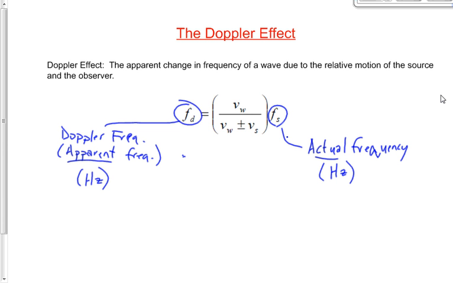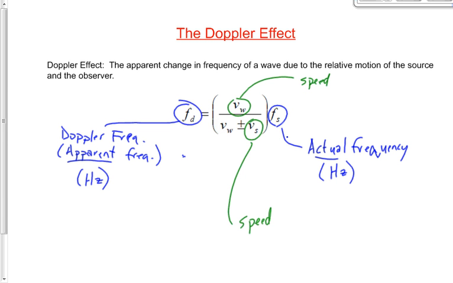VW is going to stand for a speed, and Vs is going to stand for a speed. The temptation is to make Vs the speed of sound. But it isn't. Vs is not the speed of sound. It doesn't have to be sound.